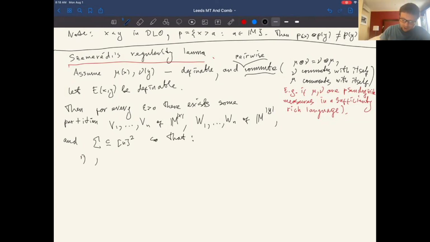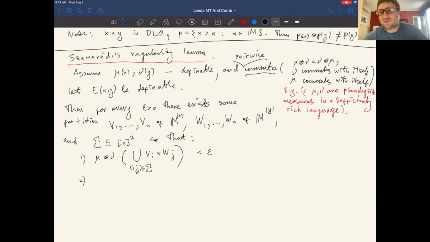If I look at mu tensor nu, and I look at the union of all pairs of the form Vi times Wj, for (i, j) a pair in sigma, the measure of all of this is going to be smaller than epsilon.